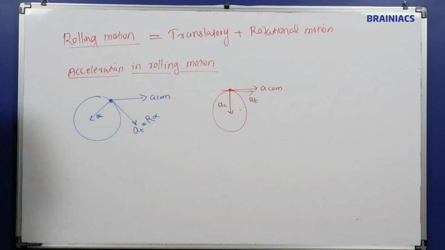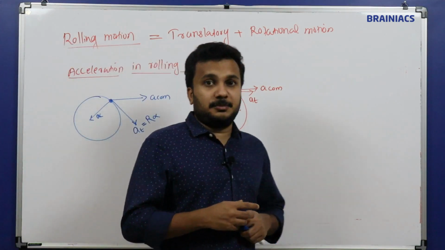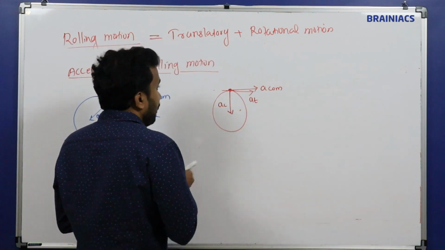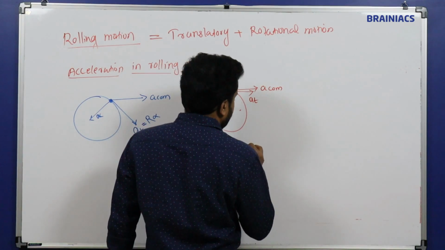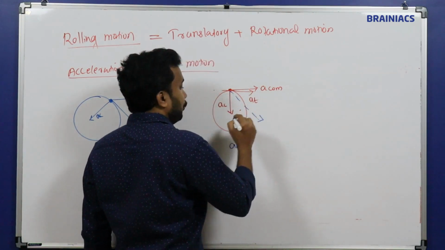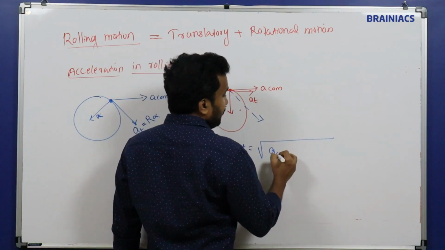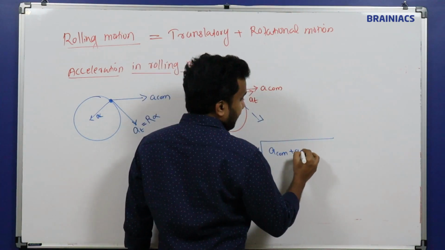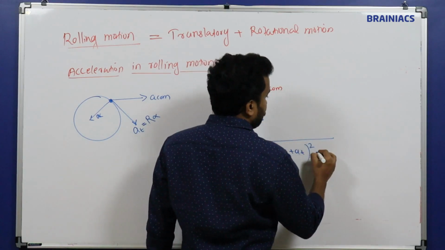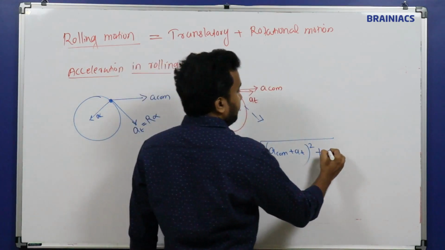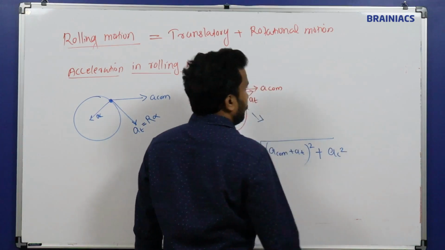Correct. Okay, so now how many velocity components do we have? We have two velocity components and three acceleration components. How will we find the net acceleration, sir? Sir, I know net acceleration is equal to root of, in the same direction, ACOM plus AT together whole square, plus the other term AC square.